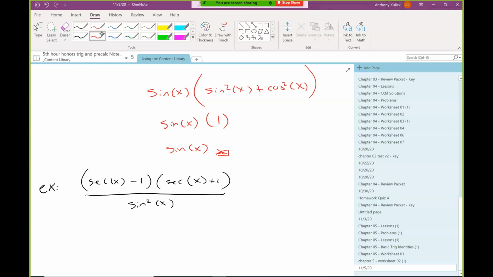Elizabeth, I think that's a great idea. So if we look at this, there's no obvious trig identity to apply, right? So the only algebraic thing that we could try to do would be to FOIL it out.